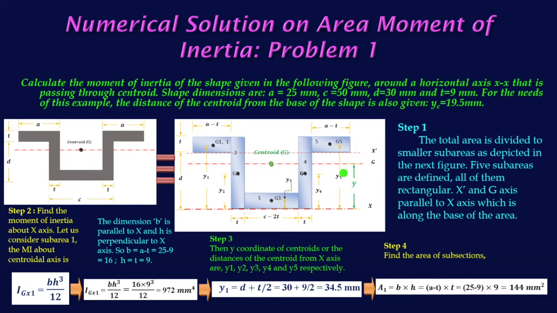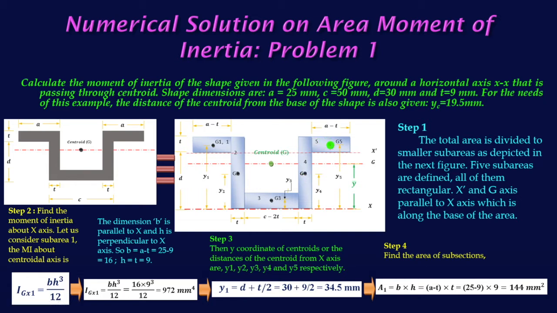Now we have to find out the area moment of inertia of the entire area about the centroidal axis, the axis that is passing through the centroid. We know the position of the centroid of each individual segment, like for 1 it is this centroid, for 2 this centroid, for 3 this, 4 this, and the centroid of 5 is this.